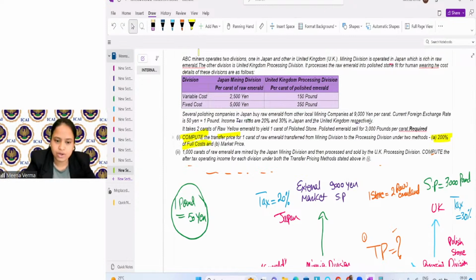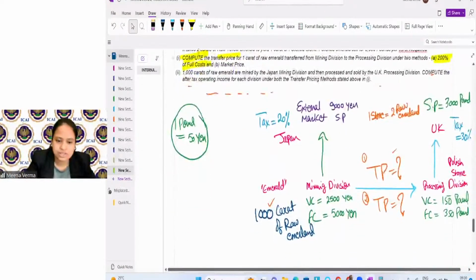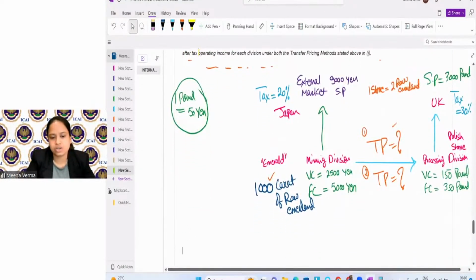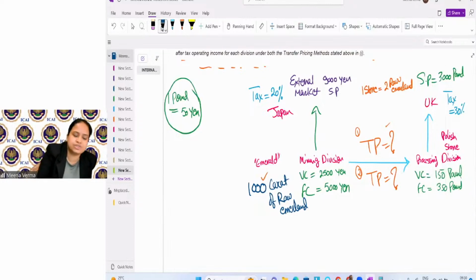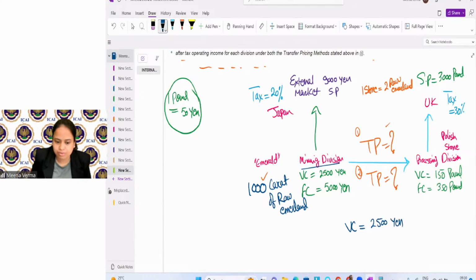Now, if you see the scenario, check here, what is the full cost for the mining division? For the mining division, what is the variable cost? 2,500 yen is the variable cost.